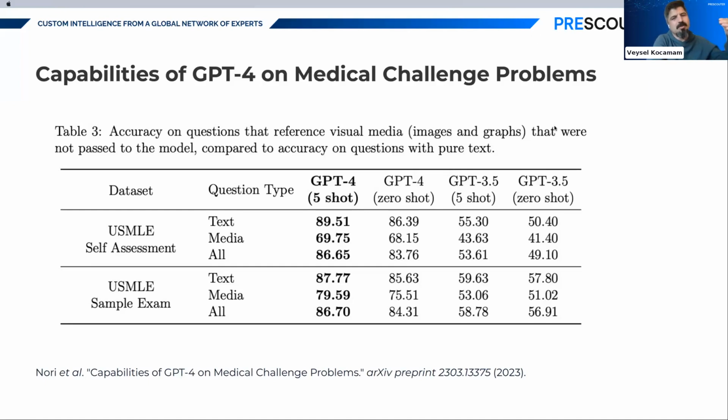You say, okay, I'm going to ask you a question, you are going to answer like this, and then you give 5 examples. You prompt, you give instructions, and then it tries to answer from then on. So it's called few-shot, and its few-shot performance is amazing. It can even learn during prompting, which is an amazing ability, actually.